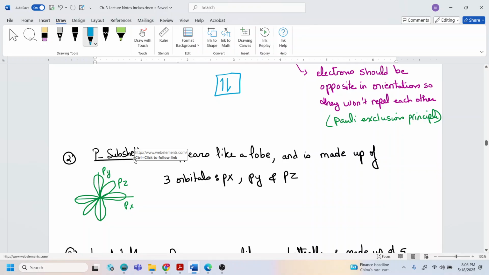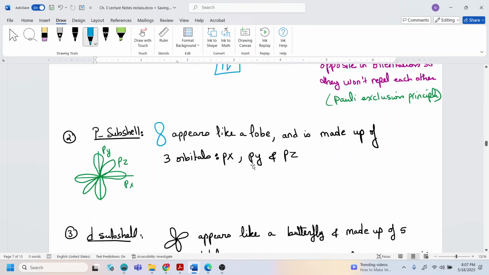Now the P subshell. The P subshell appears like a lobe, and whenever we want to draw a lobe, it is drawn like that. That is the P subshell, and it's made up of three orbitals: the px, the py, and the pz. To represent those orbitals, we represent them as boxes that are connected to each other, like that.